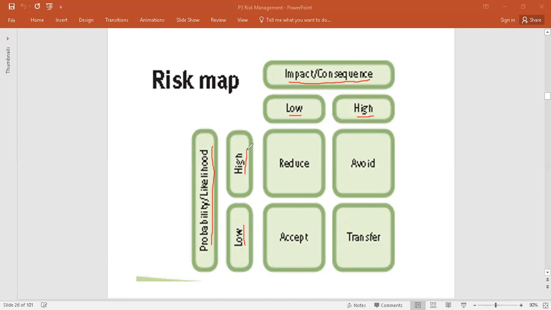So what would be the risk response? Generally, what should be this risk response? This framework is also called the TARA framework.